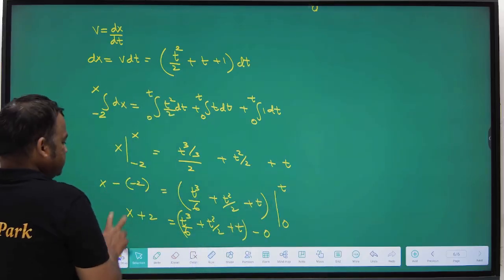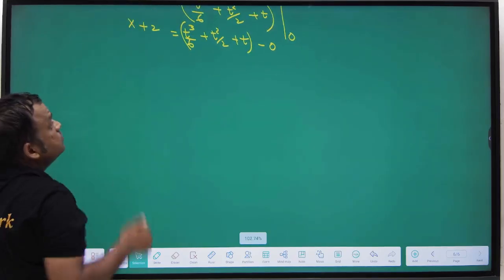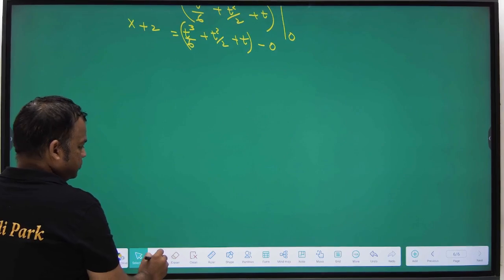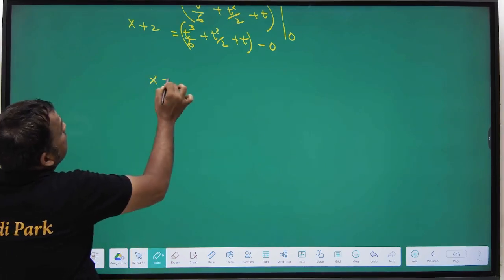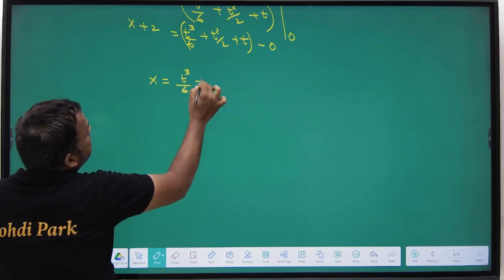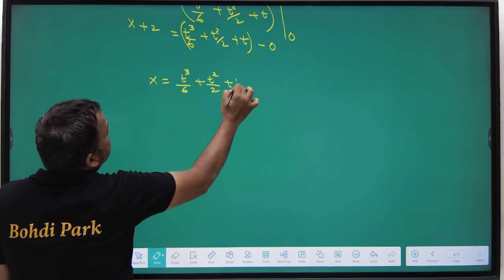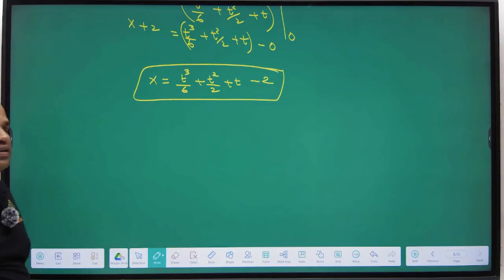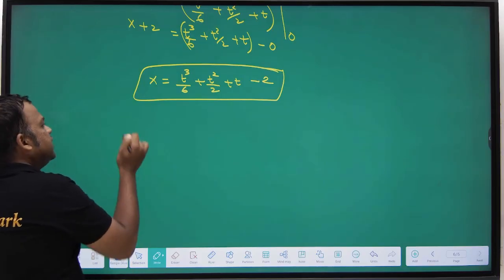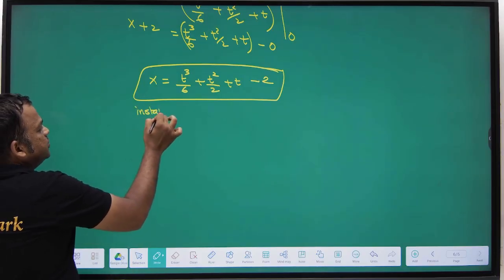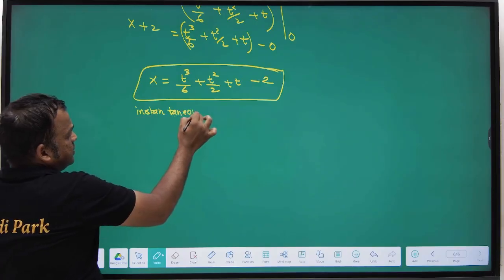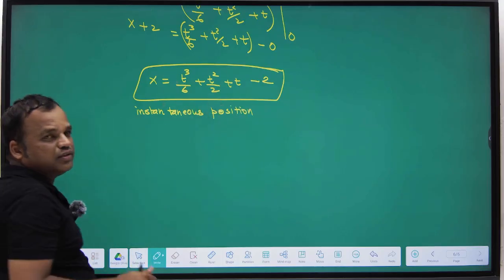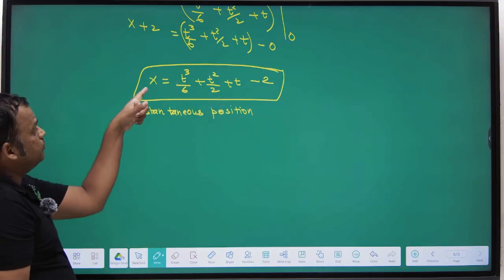So we have x is equal to t cube by 6 plus t square by 2 plus t minus 2. This is the position x at any time t. So this is instantaneous position. You put any value of time in this expression, you get corresponding value of position.